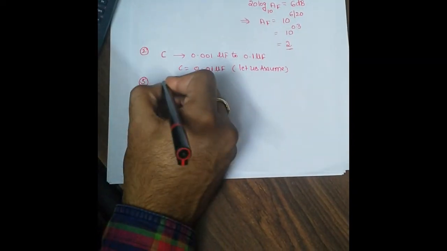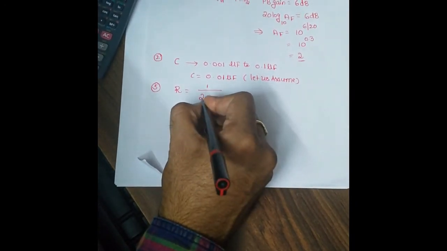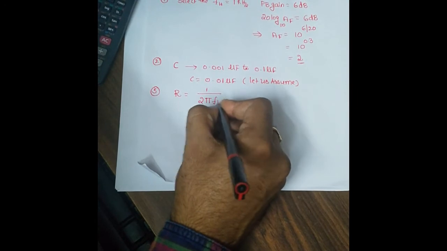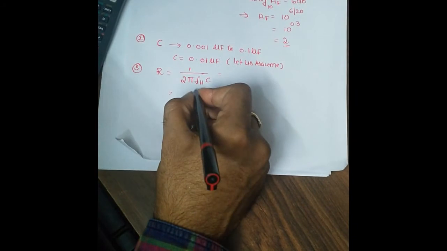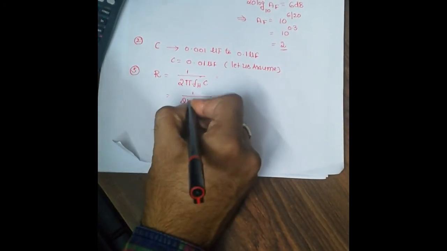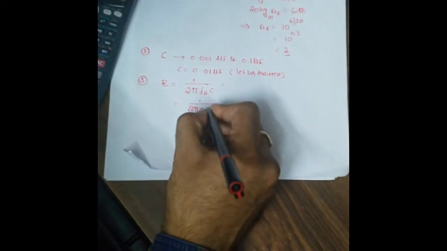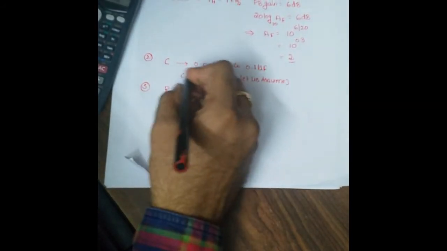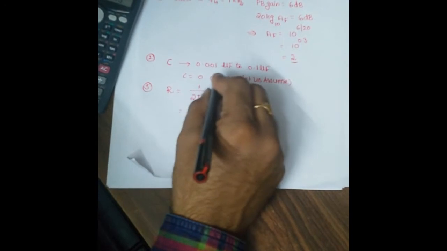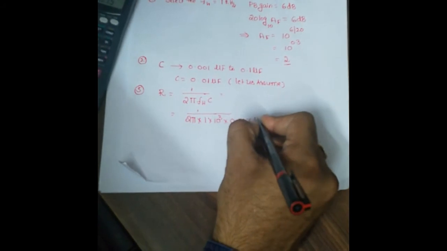Now I calculate the value of R using the C value: R equal to 1 by 2 pi FH into C. So 1 divided by 2 pi into the higher cutoff frequency, which we selected as 1 kHz, that is 1 into 10 cube, and the C value is 0.01 microfarad, so 0.01 into 10 power minus 6.